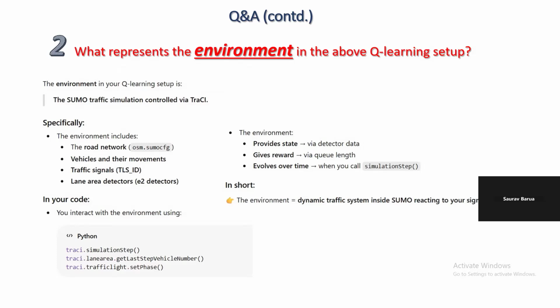The environment has the state, which is detector data, gives the reward and evolves over time, that is the simulation runtime. And our environment is dynamically adjusted in SUMO, reacting to the signal timing.